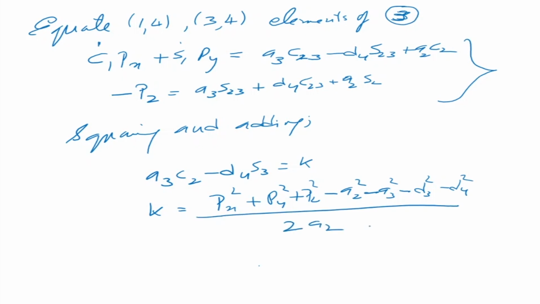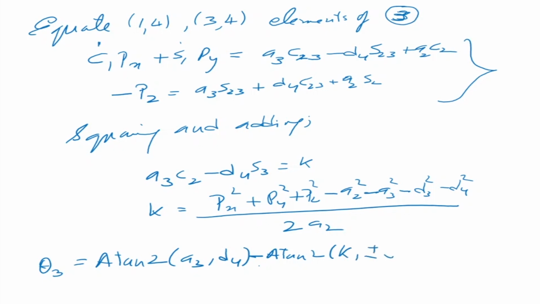And from here we can solve theta 3 as atan2 of a3, d4 minus atan2 of k, plus minus root over a3 squared plus d4 squared minus k squared. So we have solved for theta 3.